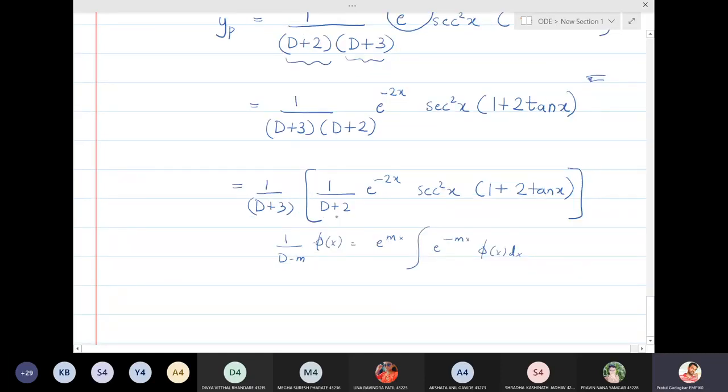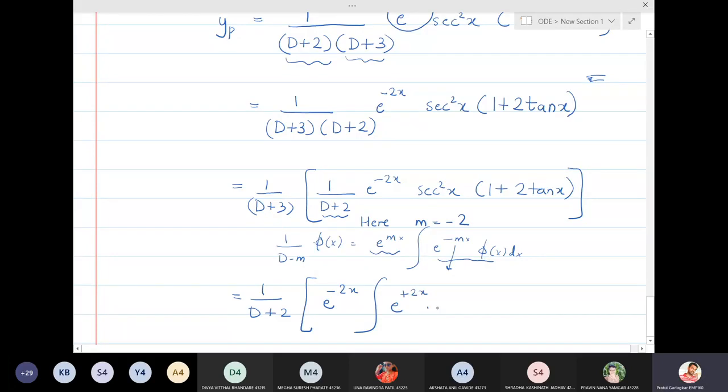So what is the value of m here? d plus 2 is compared with d minus m, so this means m is minus 2. This is equal to 1 upon d plus 3 into bracket e raised to minus 2x, integration e raised to plus 2x into phi of x.